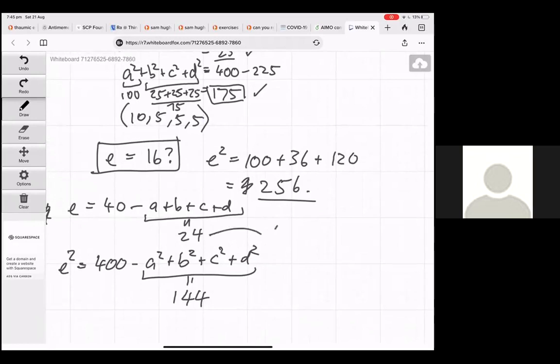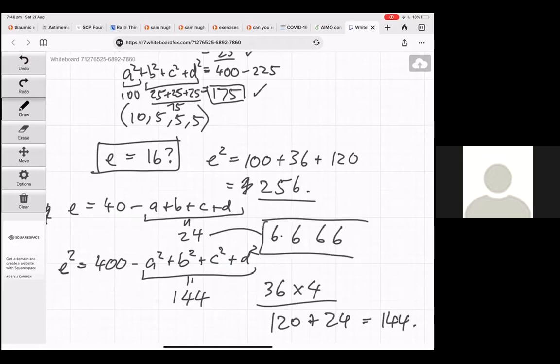Let's see, does 6 work? If we do 6, 6, 6, 6, well, 6 times 4 is 24, so the sum works. And is 36 times 4 going to be 144? Well, it should, because we know that 12 by 12... anyway, 36 times 4 is 120 plus 24, which is 144.